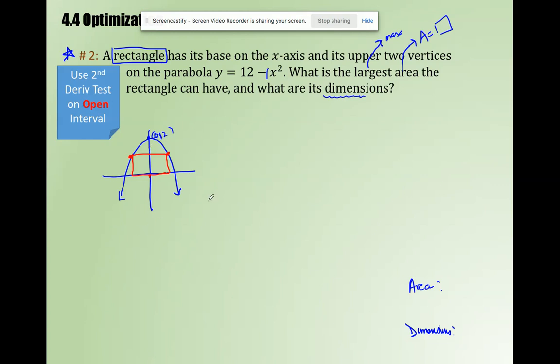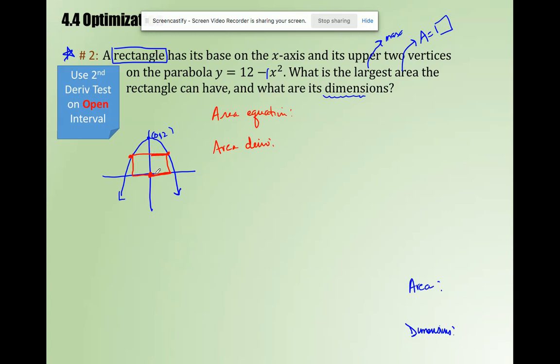Now, since I want to maximize area, I need an area equation, and then I need the area derivative. But I need the equation in terms of only one variable. So let's look at this rectangle. What length is that right there?